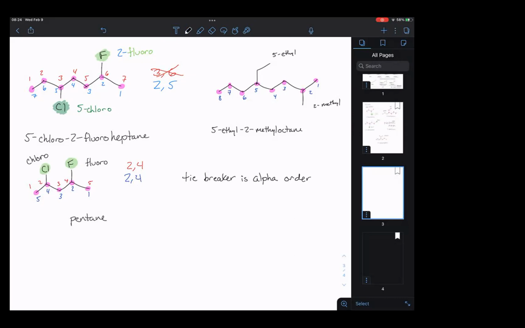Okay, if there's no tie, you don't consider alphabetical at all until you're constructing your name. But if there is a tie in our numbering scheme, the tiebreaker, and again, this is specifically for numbering, is to put it in alphabetical order. So this one would be 2 fluoro, 4 chloro.